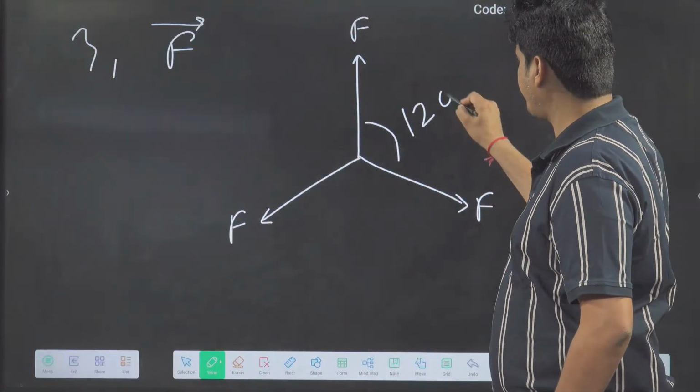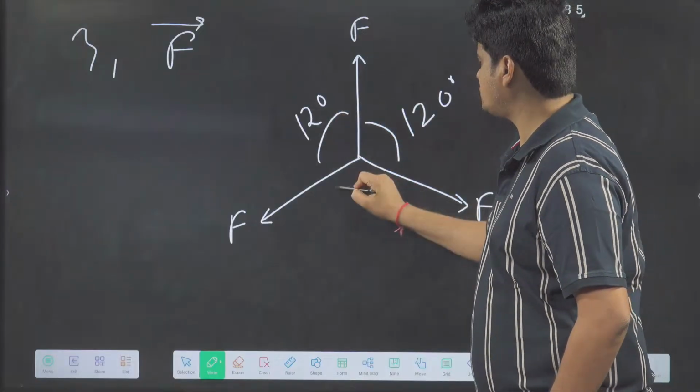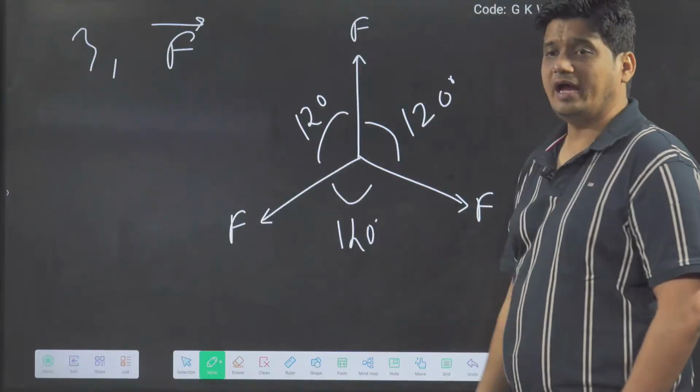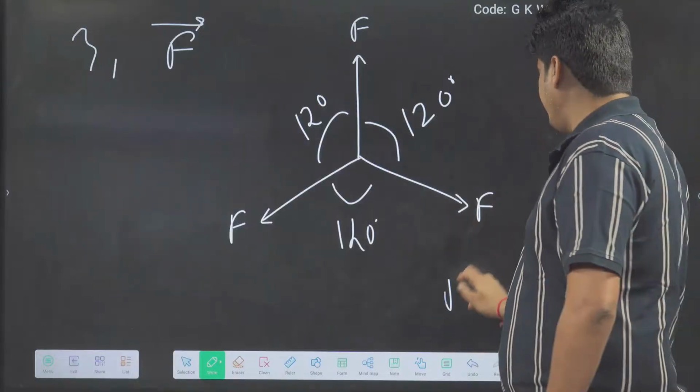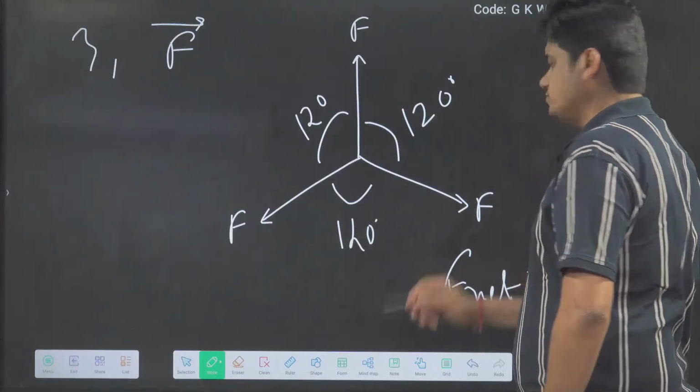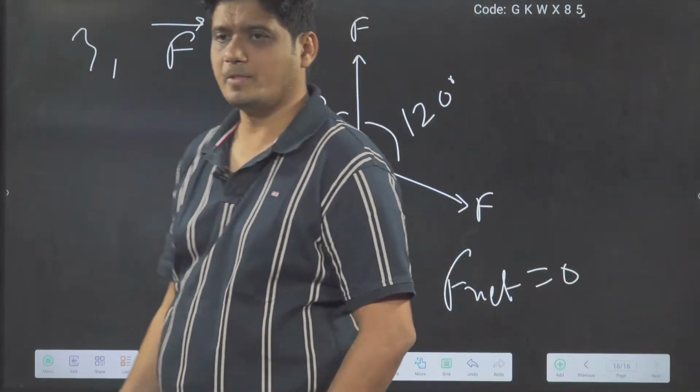If I am keeping three vectors of equal magnitude at 120 degree angle, the F net vector sum is going to be 0. Okay or not?